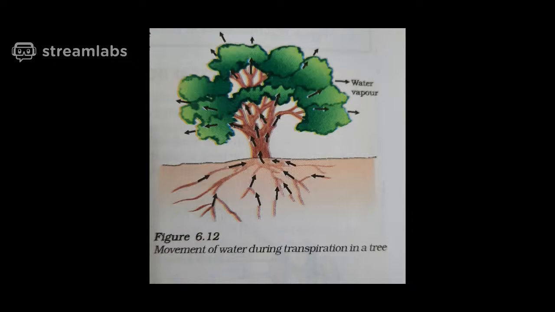This is known as translocation of the food. This takes place with the help of phloem tissue. So this is about transportation in plants. The transportation of food by the phloem, the transportation of water by the xylem.